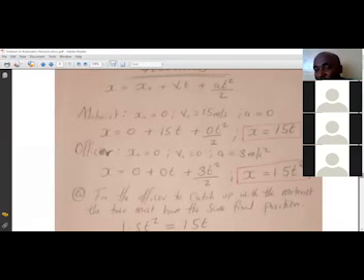The time is the same, and also the displacement is the same. So you make equations of position, meaning you should equate them.